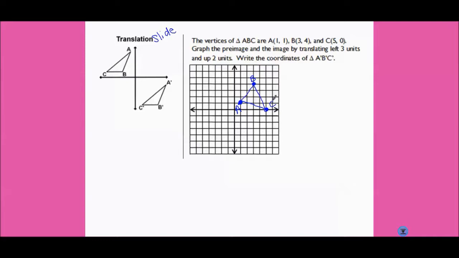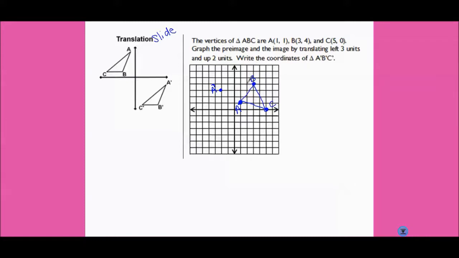Graph the pre-image, which we just did, and the image by translating left 3 units and up 2. So we're going to take this dot and we're going to go left 3, 1, 2, 3, and up 2, 1, 2. And that's our A, and we put the little apostrophe mark. It's called A prime. It's the notation for our image.